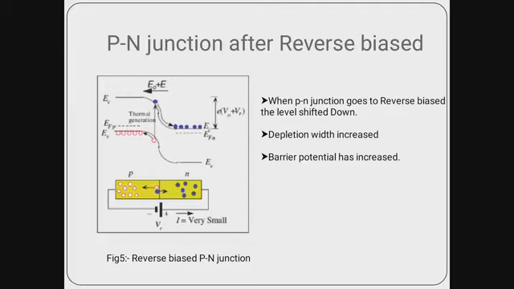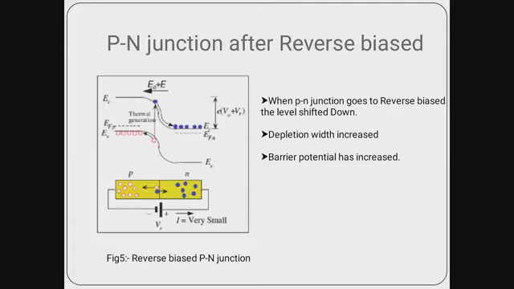That means the width of the depletion layer as well as the height of the depletion barrier is increased, slope is increased. That means we are getting small amount of current because the charged particles are not able to cross over from this side to this side, and hence the barrier potential is also increased.